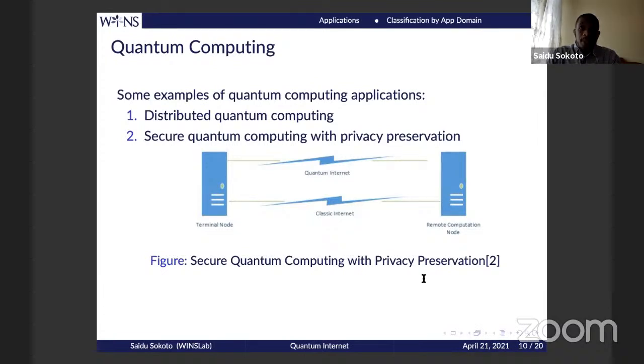The terminal node is able to use these resources without revealing either the input or the output or the algorithm that it wants the quantum computer to use. So complete preservation of security is achieved here. You can ask, of course, even now we can use cloud computing to relegate some tasks, but is this privacy achieved? Maybe not. With the quantum internet, this privacy is going to be achieved.